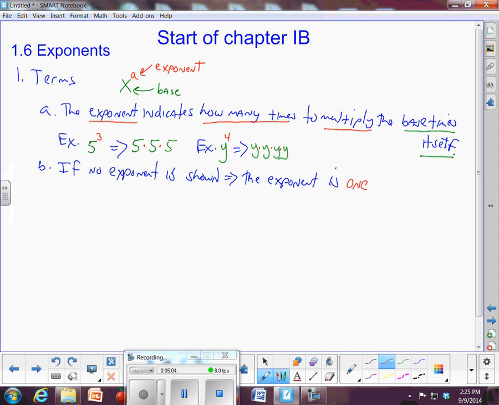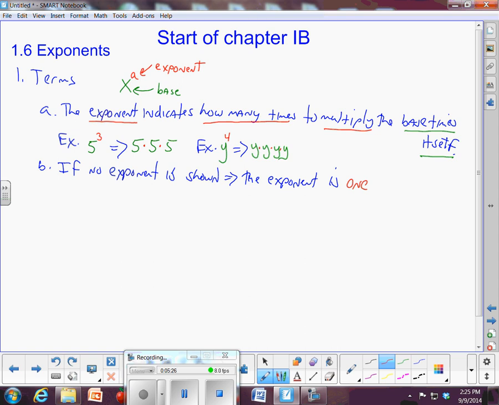It's not shown, but the exponent is 1. Now that's going to come into play later on when we deal with some exponent rules. But everyone should understand that if the exponent's 1, we don't bother to write it. It's boring, but understand any number that does not show an exponent, the exponent is 1.